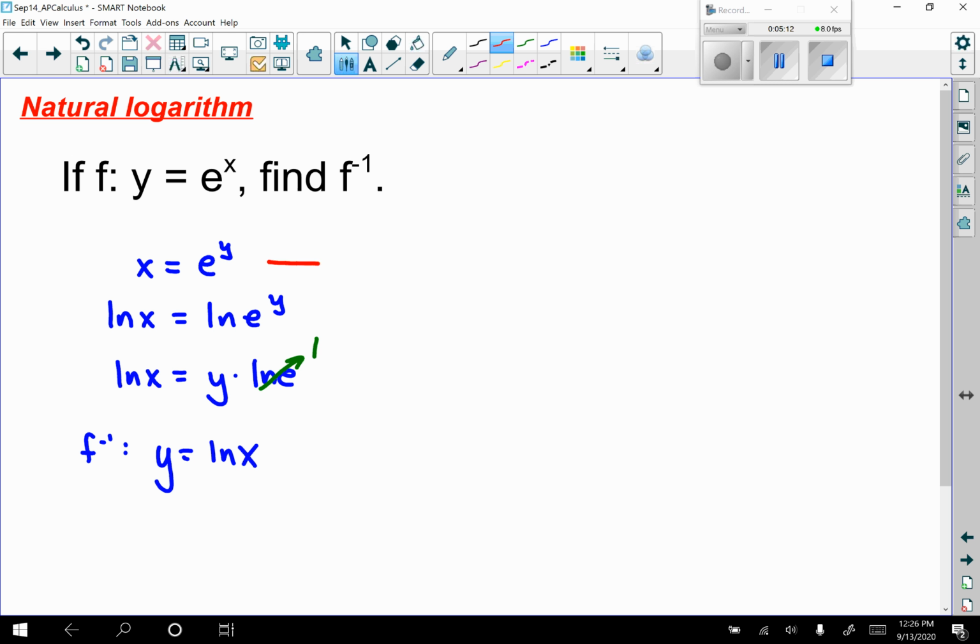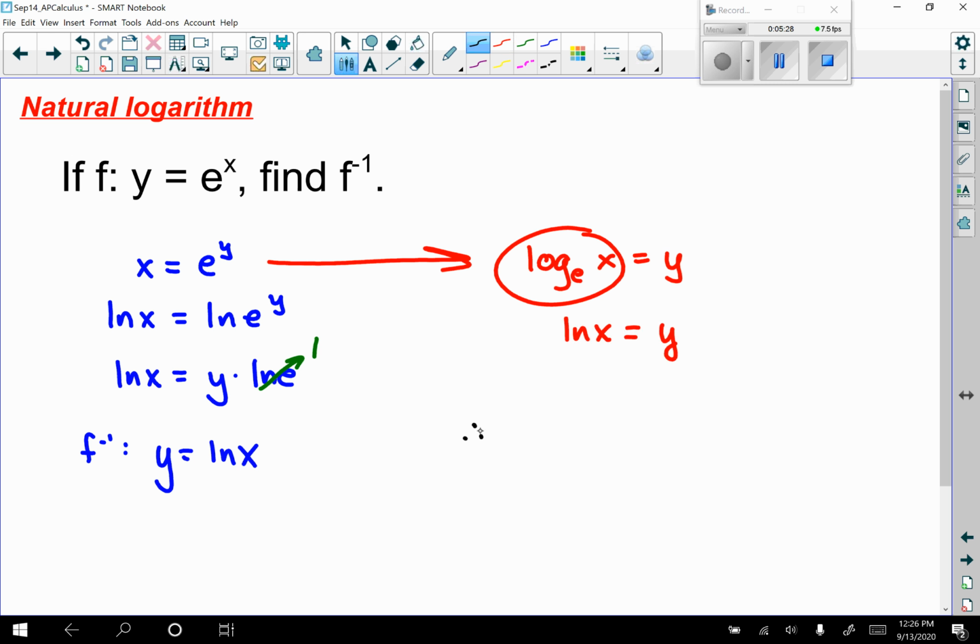Or if we were to look at this just using logarithms and not the notation for natural log, we could rewrite this and say log base e of x is equal to y. Well, this right here, log base e, is the natural log of x is equal to y. Therefore, y equals e to the x and y equals the natural log of x are inverses.